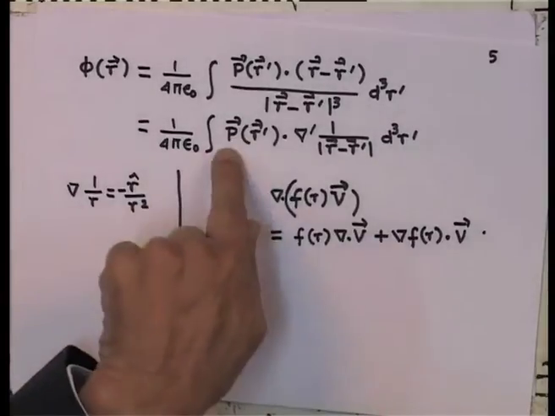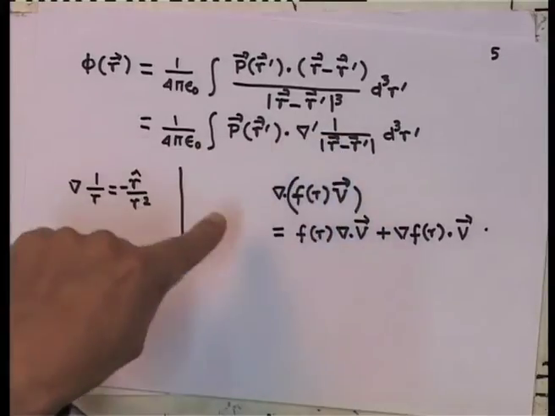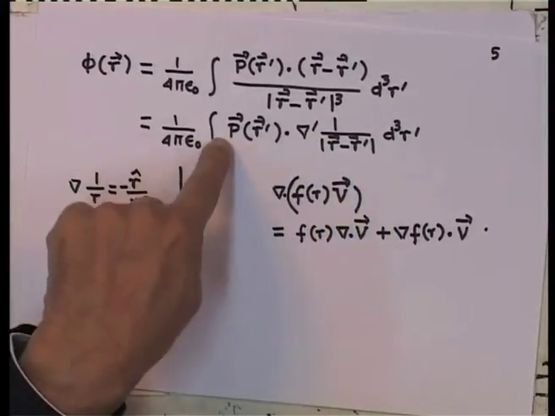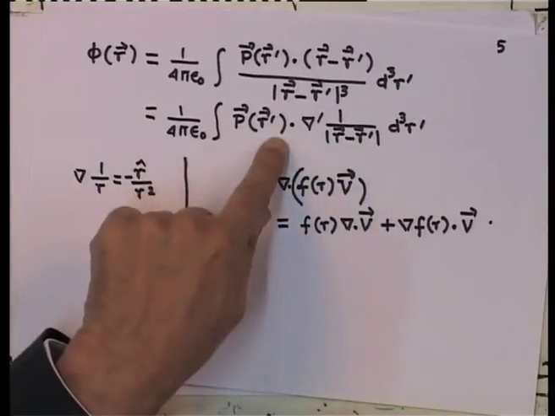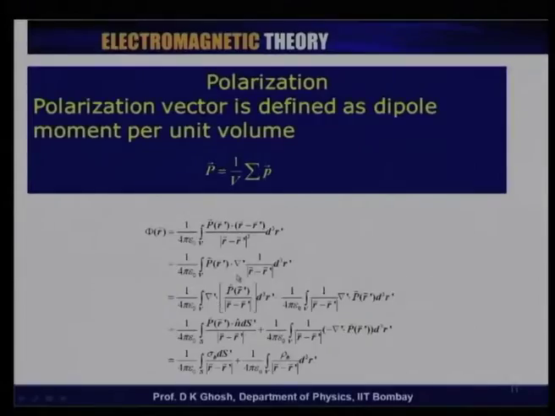So, I can rewrite this expression as a divergence of 1 over r minus r prime times p of r prime, just as you observe it here. So, what I have done is to write this vector dotted with gradient as equal to the divergence of the scalar function times the vector, minus the scalar times the divergence of the vector function itself.